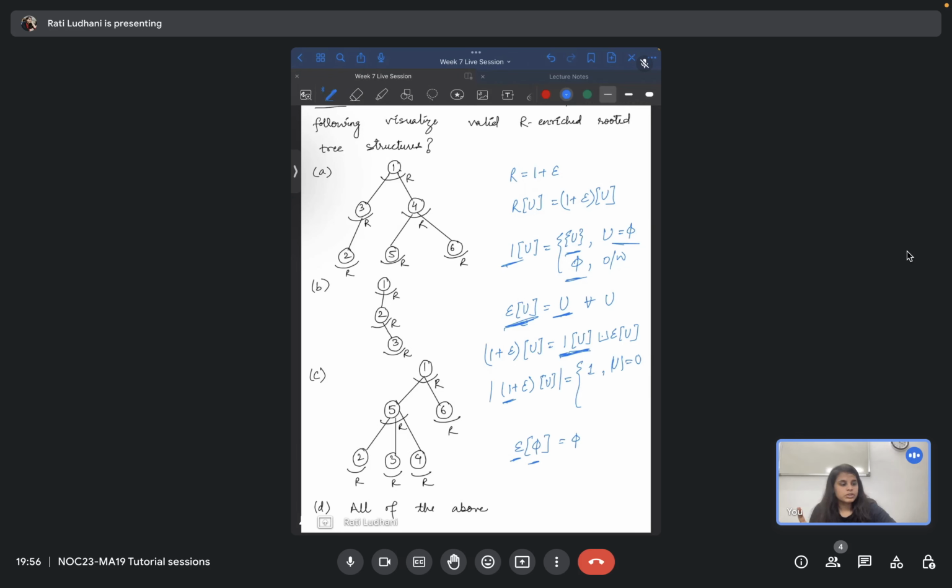So from epsilon you have exactly U many structures. For example, if U is 1 2 3, then there are 3 structures.